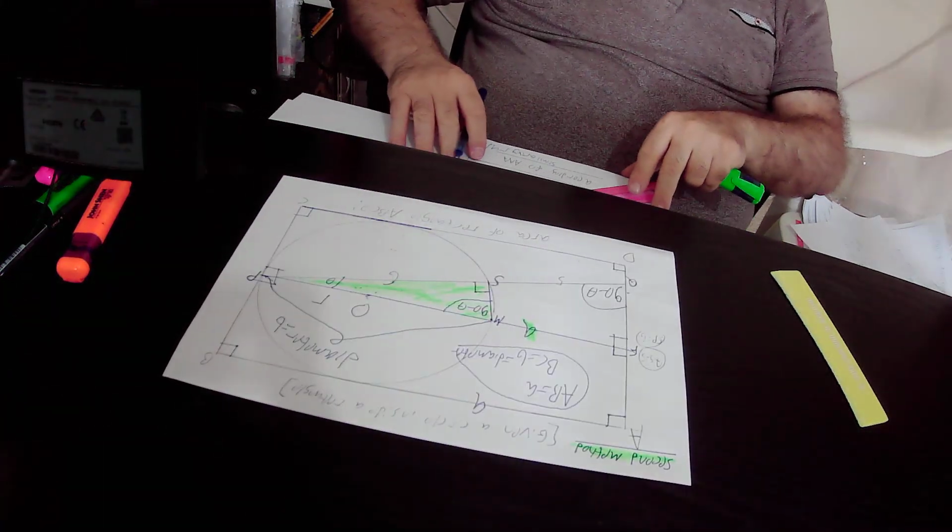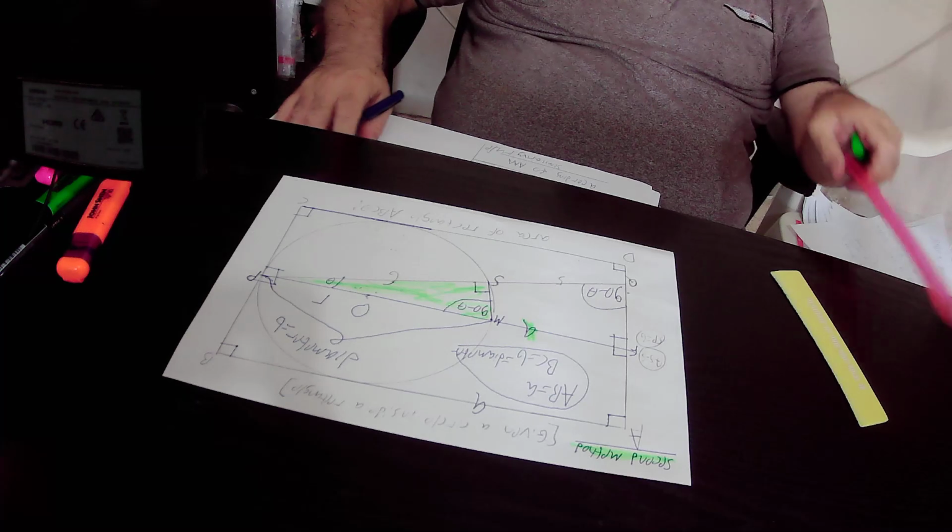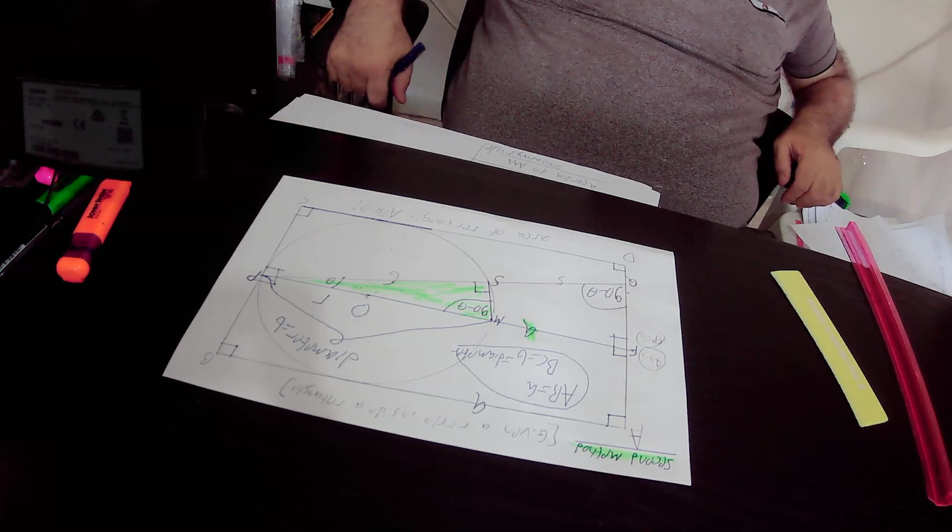Okay, and for the fact that those two triangles are similar to each other, we conclude that the following relationship exists between their sides.